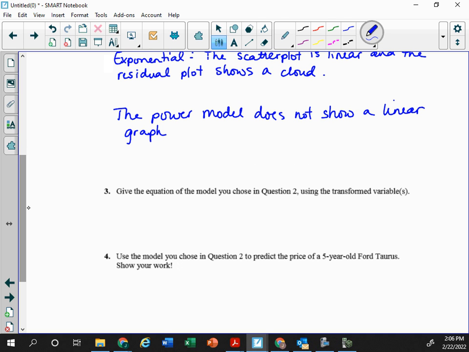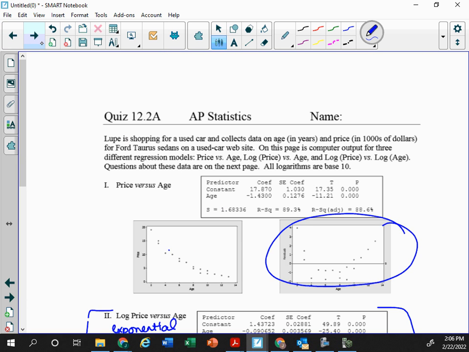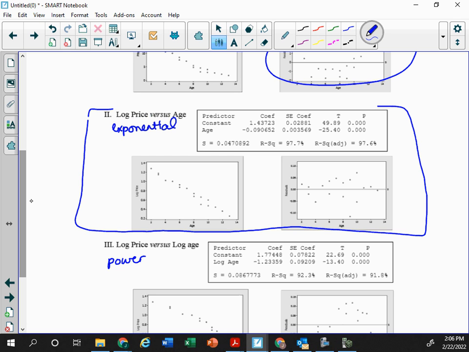Yeah, so if they're both logged, where it's log price and log age, that's called power. Where it's got just the log on price and age you leave alone, that's exponential.